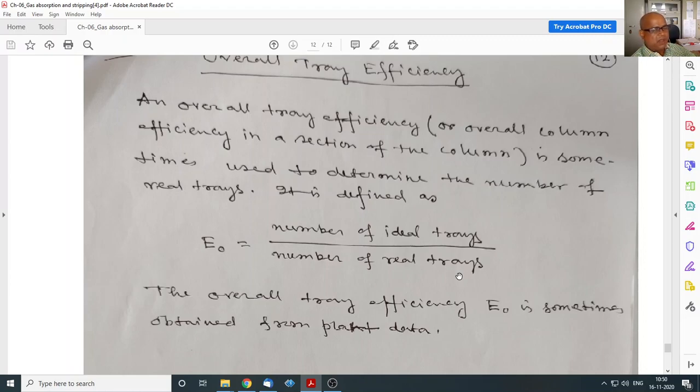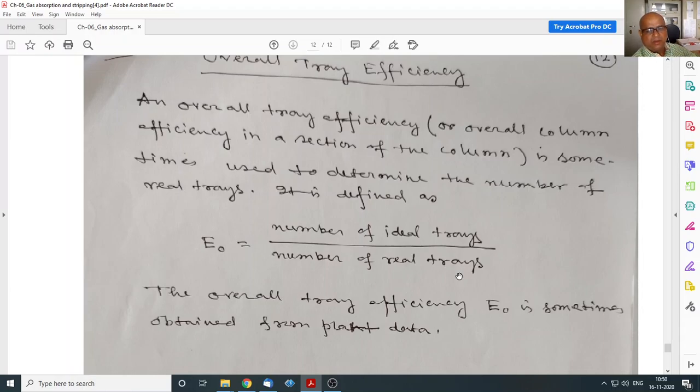And how will you calculate the number of trays for a plate column or plate tower? You have to calculate the minimum liquid flow rate for absorption. Then the actual will be 1.2 to 2 times higher than the minimum.